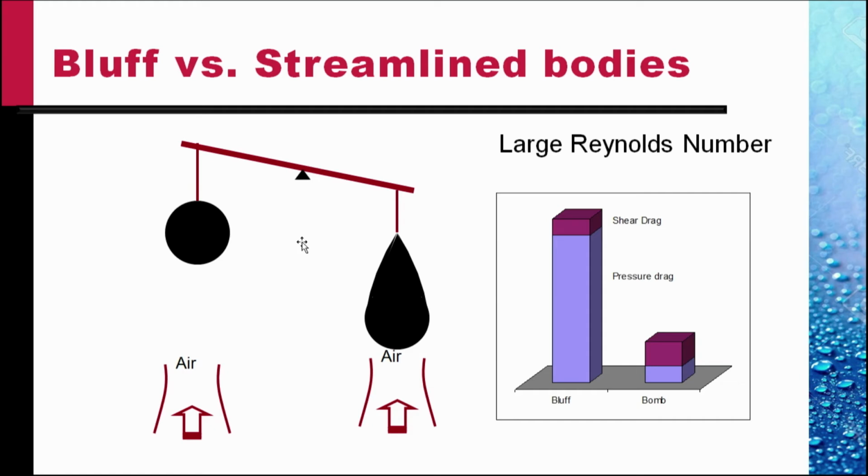Though the shear drag is larger on the bomb-shaped body because of its larger area, it still doesn't make up for the large difference in the pressure drag. And so, the total drag on the bomb-shaped body is much less than the total drag on a bluff body.